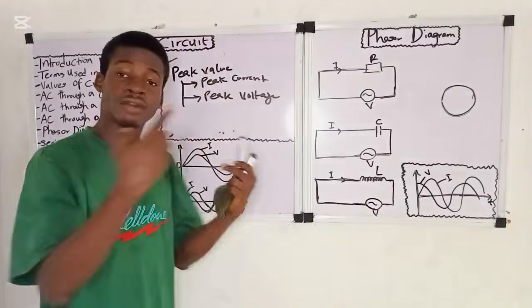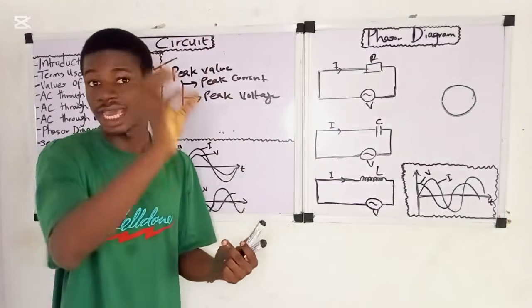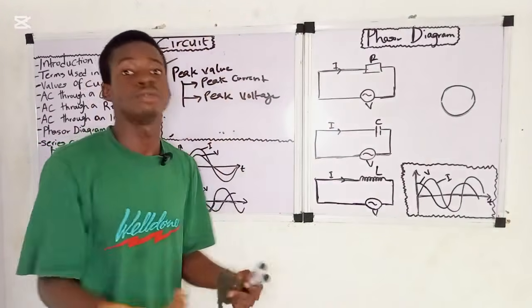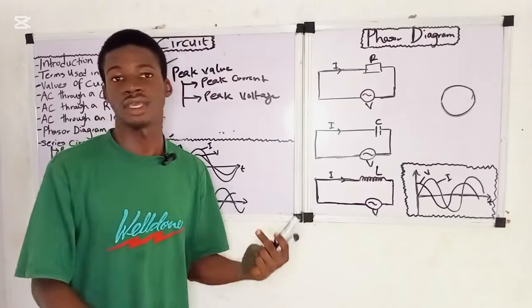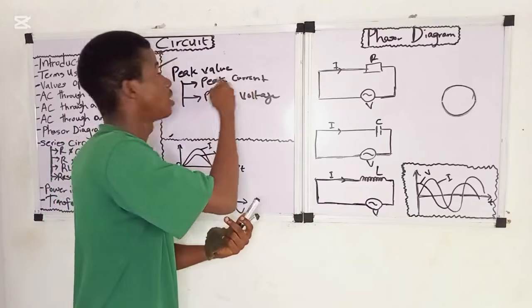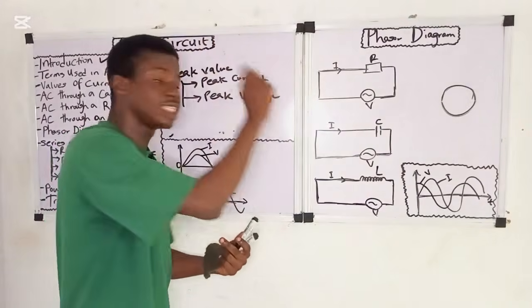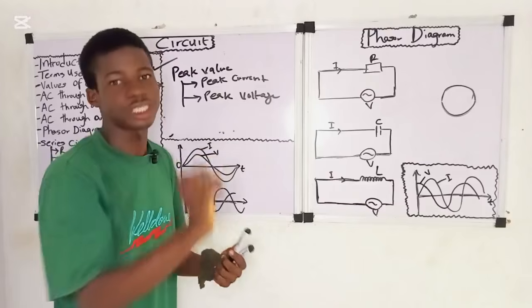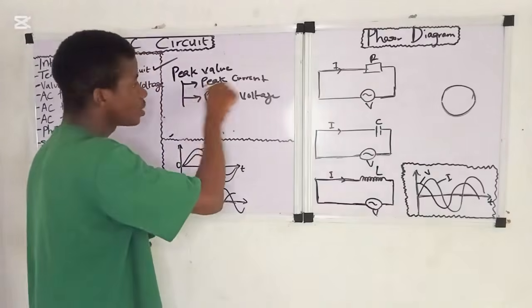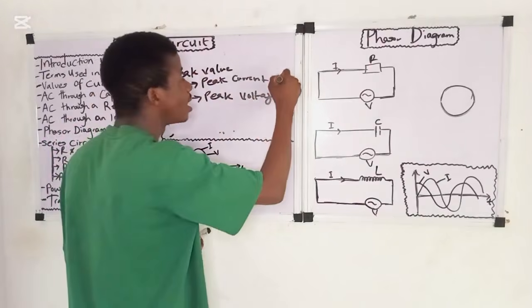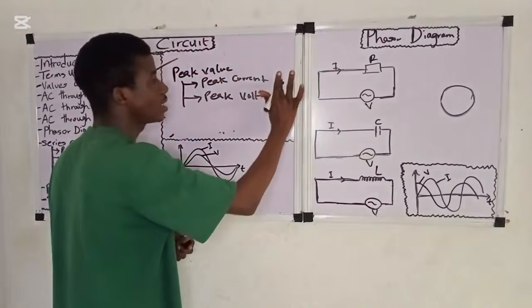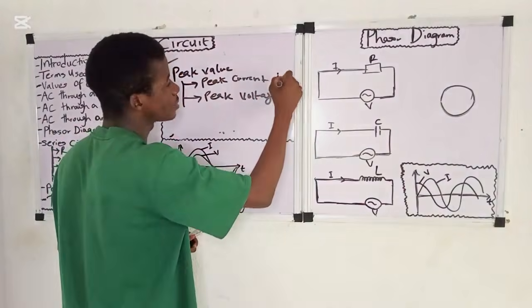So the peak value of current or voltage is the highest, maximum value of current or voltage. Take note, the peak current is represented by this symbol, I sub naught.